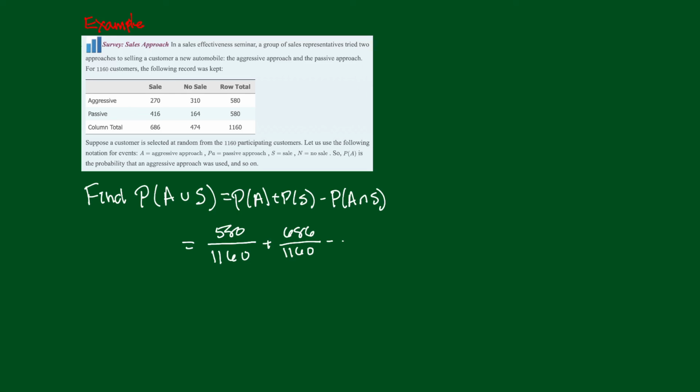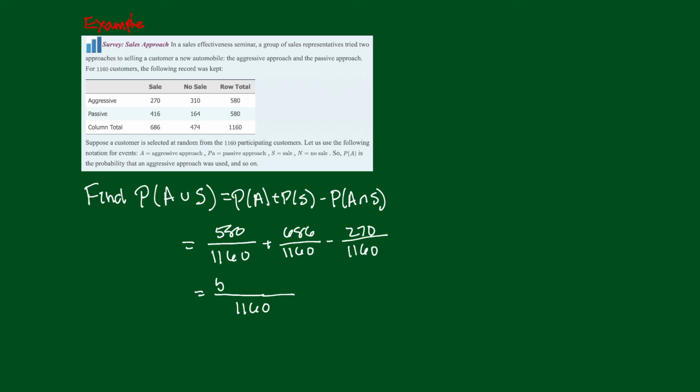Minus, now, what is this one here? This is still going to be over 1160. So how many were both aggressive and sales? So look in your table here. Aggressive and sales, right? That would be 270. All right, so all the same denominator.